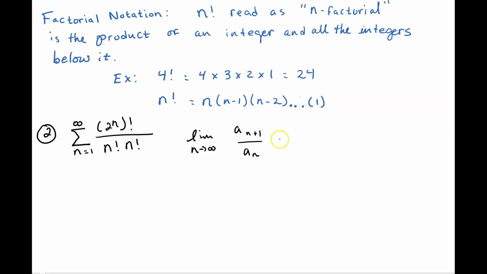So this one's going to look a little bit interesting, and I hope you can follow along with me here. We have basically a 2 times, instead of n, n plus 1 factorial, divided by n plus 1 factorial times n plus 1 factorial.